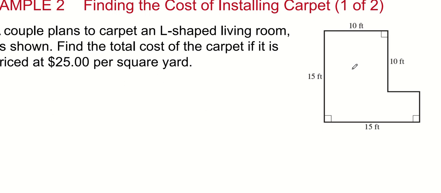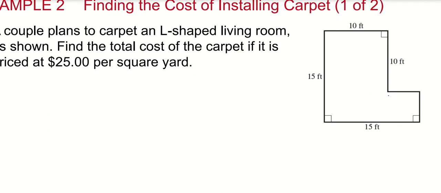In order to break the room apart, I can imagine adding an extra boundary like this, which would break it up into 2 rectangles, a top and a bottom rectangle. Or another way that I could break this room apart into simpler figures is if I come over here and drop a line down going vertically.